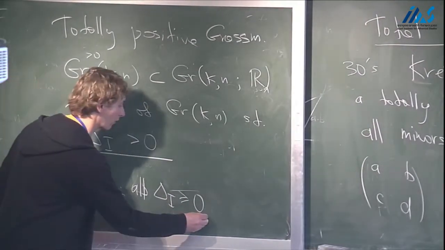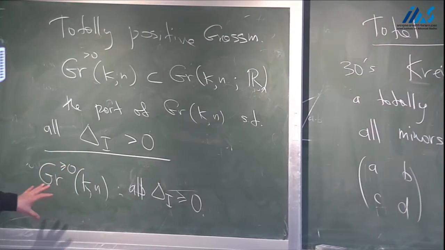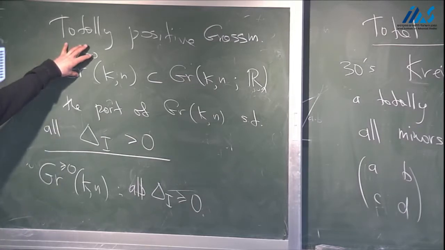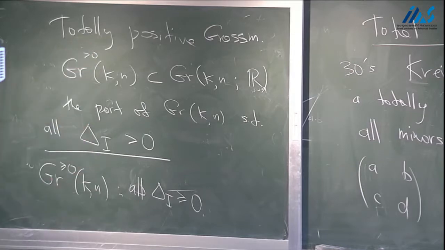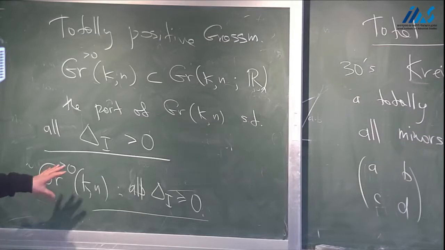That's the totally non-negative Grassmannian. It's not immediately clear, but it requires a little work to prove that this totally non-negative Grassmannian is the Zariski closure of the totally positive Grassmannian. So in other words, we're looking at all matrices such that all maximal minors are greater than or equal to 0.